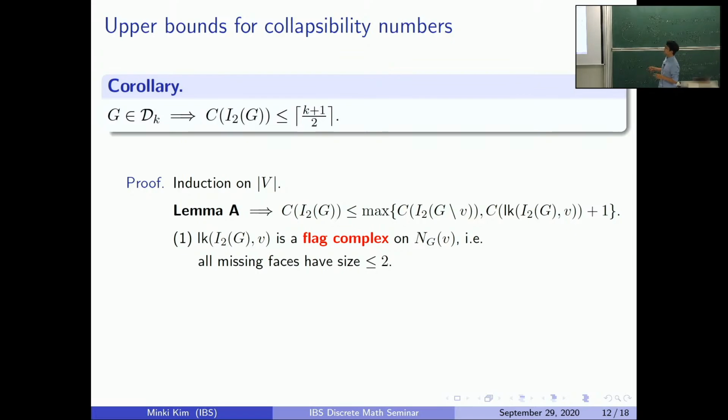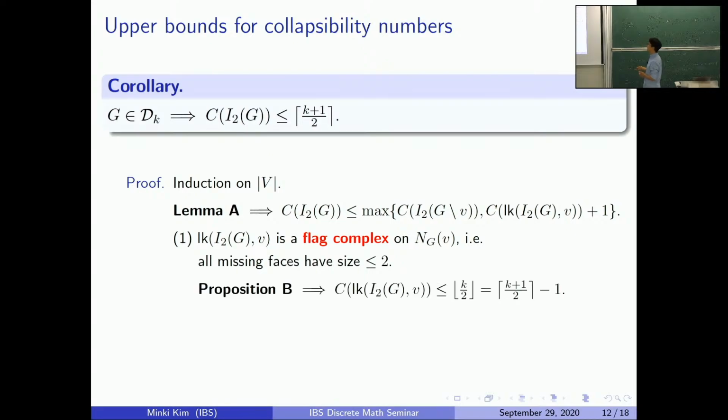So in the clique complex, all missing faces have size at most 2. And this is especially called a flag complex. So we can bound the collapsibility number of the link complex in terms of the number of vertices in the link.